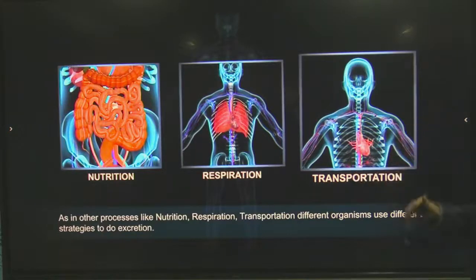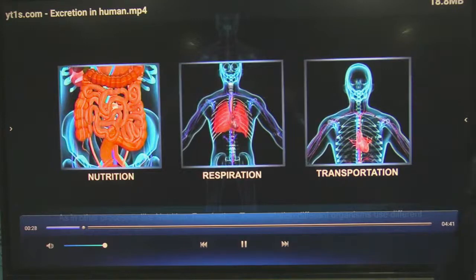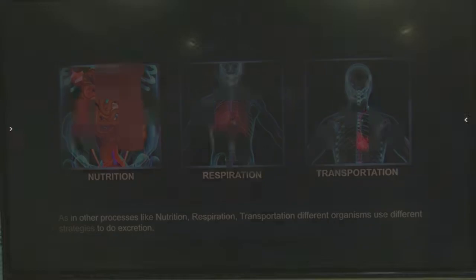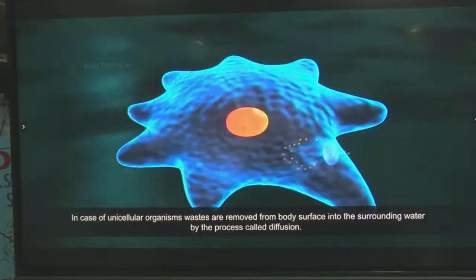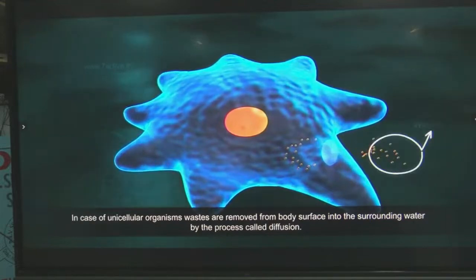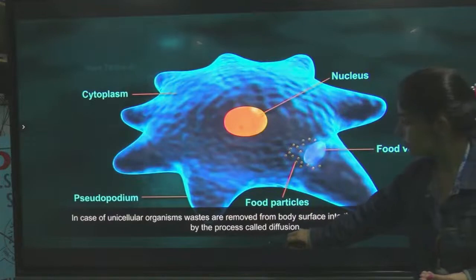Okay. Now, different organisms use different strategies to do excretion. In case of unicellular organisms, wastes are removed from the body surface into the surrounding water by a process called diffusion.